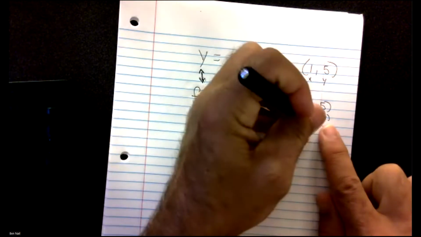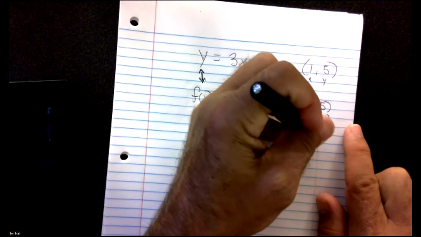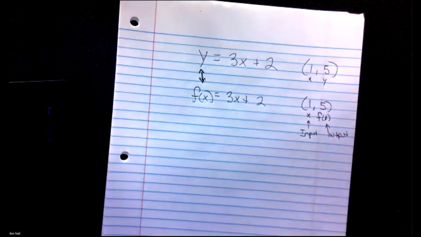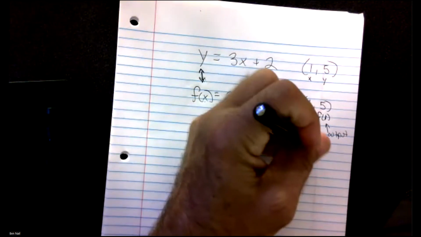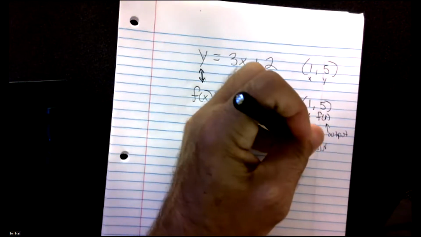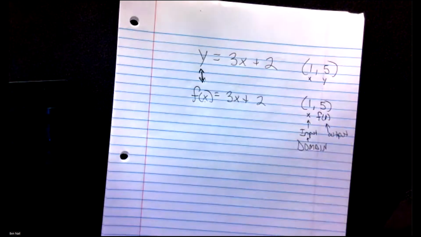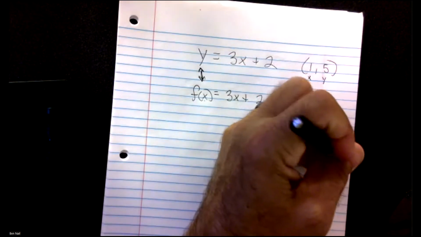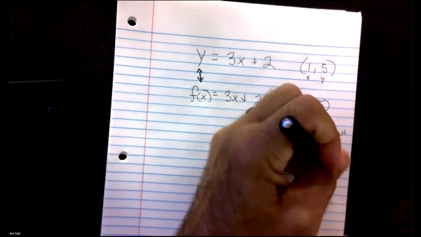So just another name for this, this is your input and your output. Another word they like to use for the x's is the domain. So your domain is the list of all the possible x's. And then the range, I'm going to run out of room. Let's go back here.